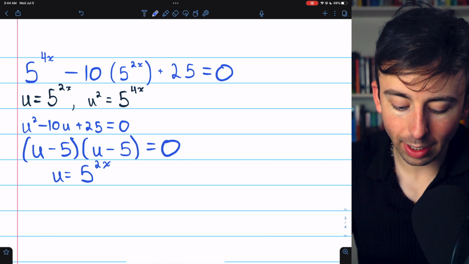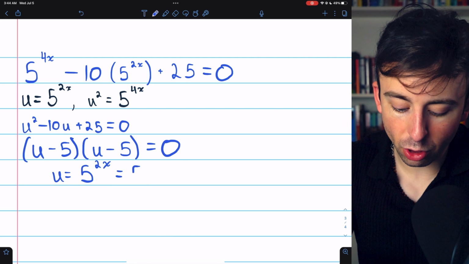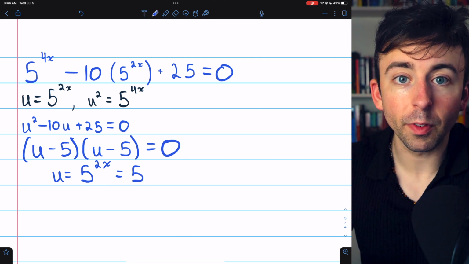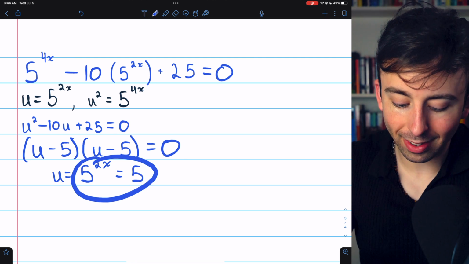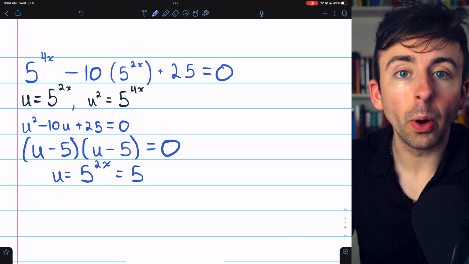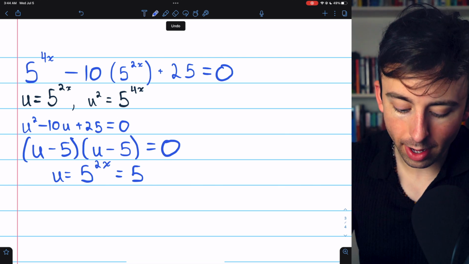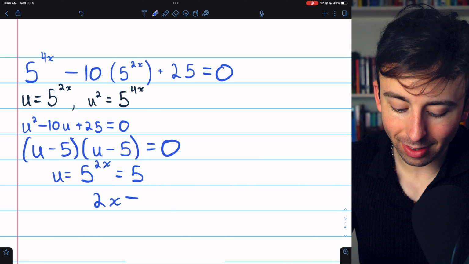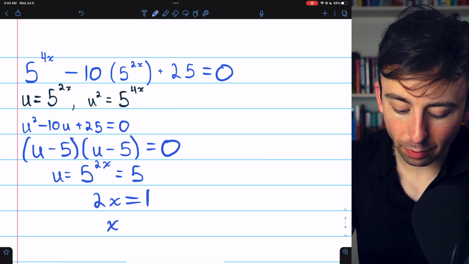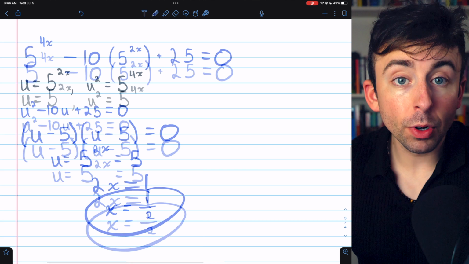So if u is 5, then 5 to the 2x must equal 5. But since those bases are the same, their exponents must be equal. The exponent on the right is just 1, so that means 2x must equal 1, and thus we have our solution, x equals 1/2. Pretty cool problem.